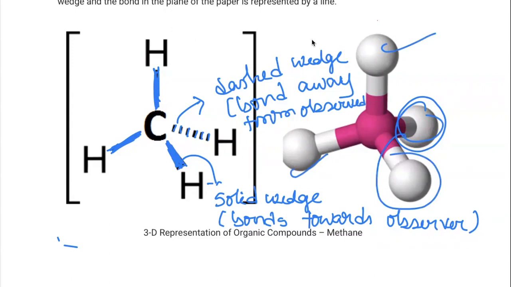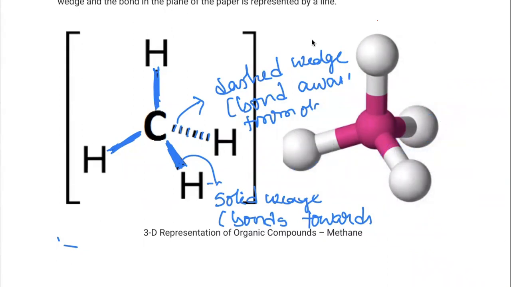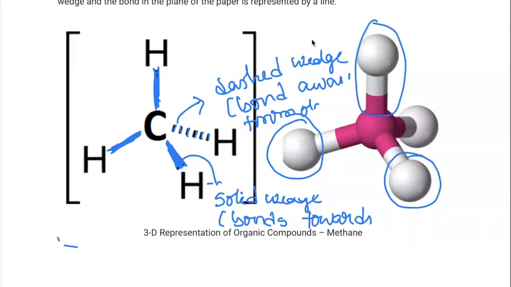Clear? If we see this structure, are these 2 bonds in plane? Yes or no? These 2 bonds are in plane. This bond is towards you, above the plane. We can say this is above the plane.